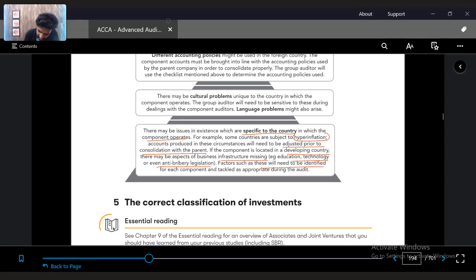Factors such as these will need to be identified for each component and tackled appropriately during the audit. So when it comes to audit risk, it's not just about accounting-related issues or control-related issues; it is also about regulatory issues as well.